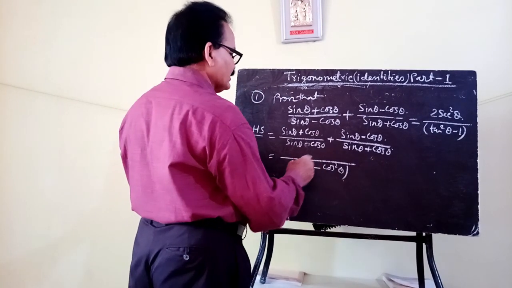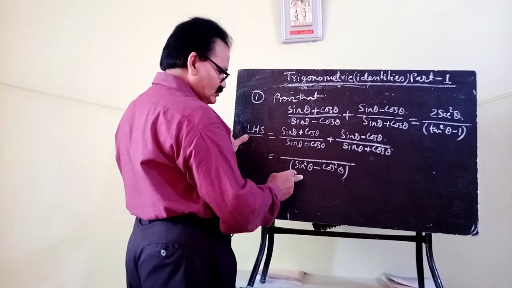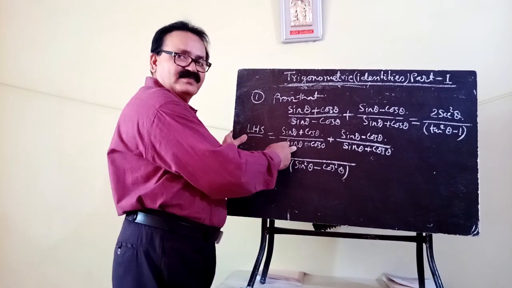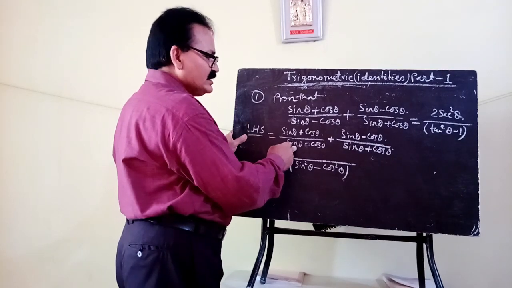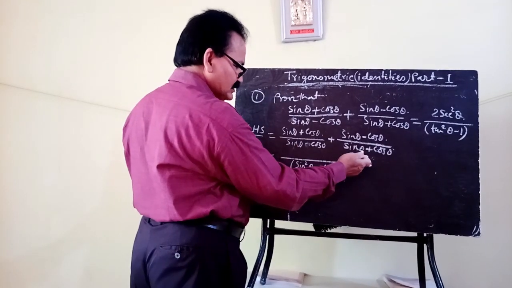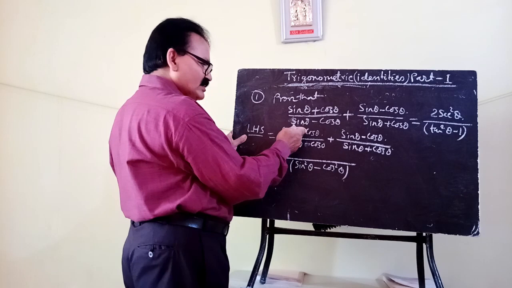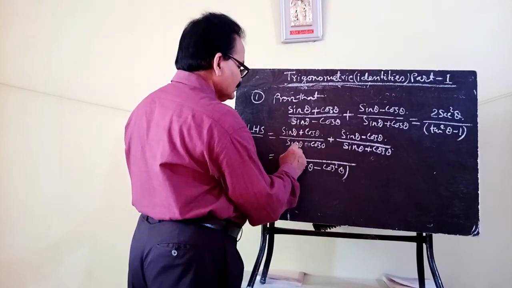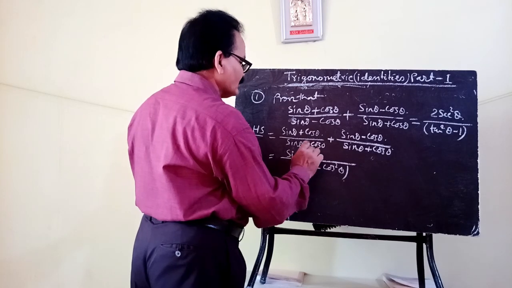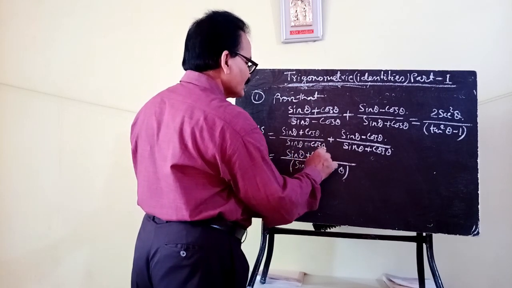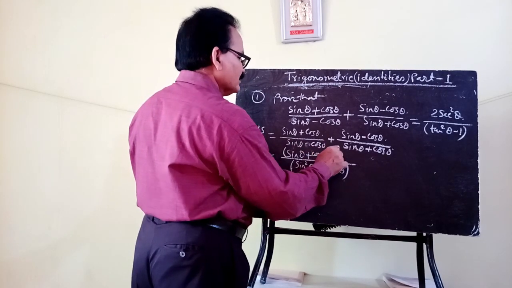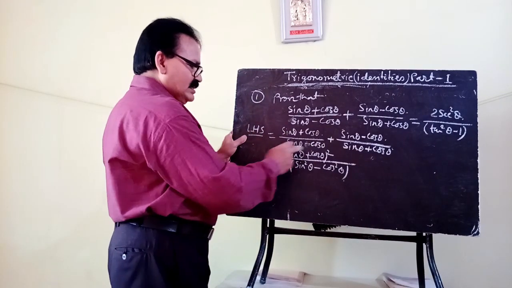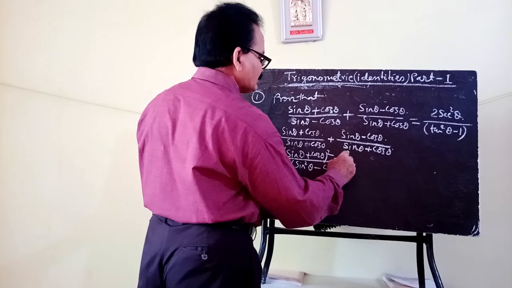In the numerator, when you divide the LCM by the denominator, the factor will be multiplied with the numerator. So this becomes (sin theta plus cos theta) whole square, because sin theta plus cos theta multiplied with sin theta plus cos theta is the whole square.